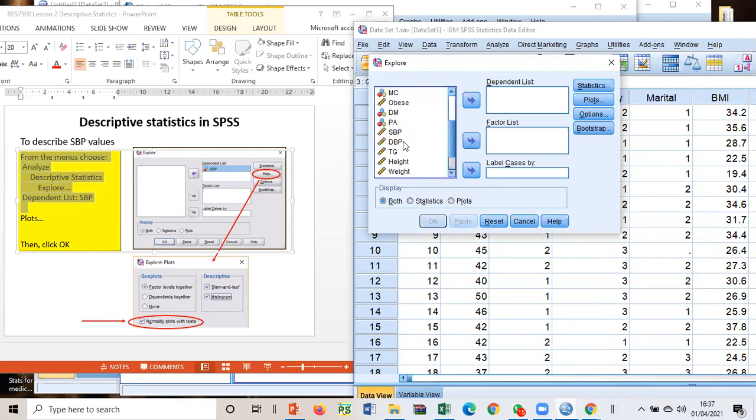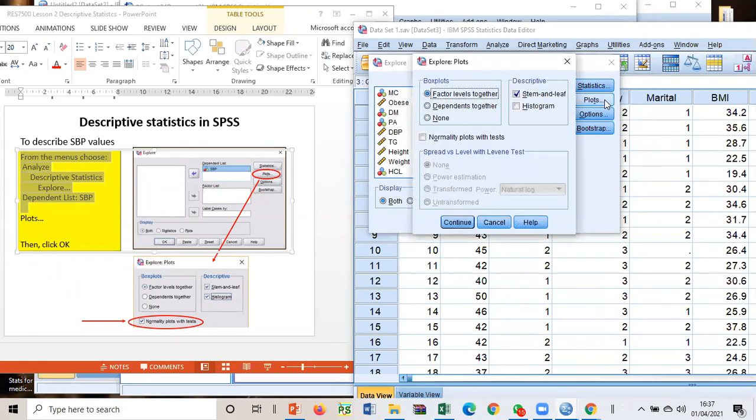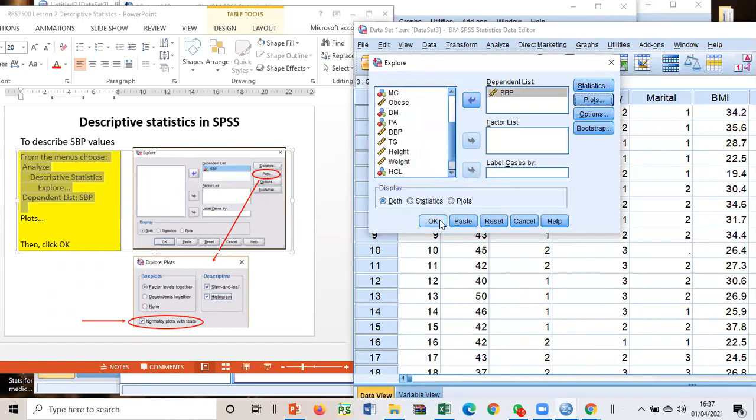So search for SBP, that's the variable, and click it in. Next, Plots. Click what? Normality plot. Also histogram. Box plot is already clicked for you. Continue, and click OK.